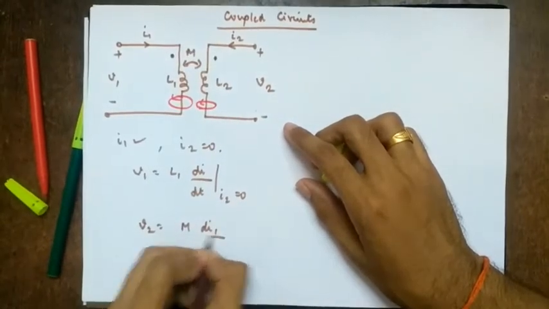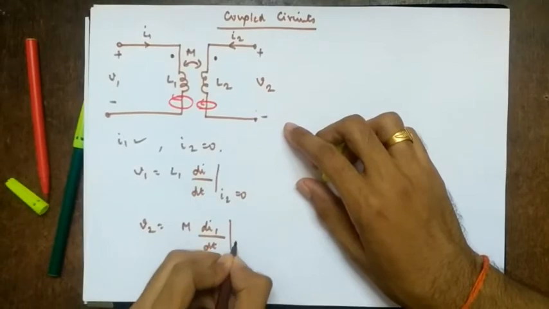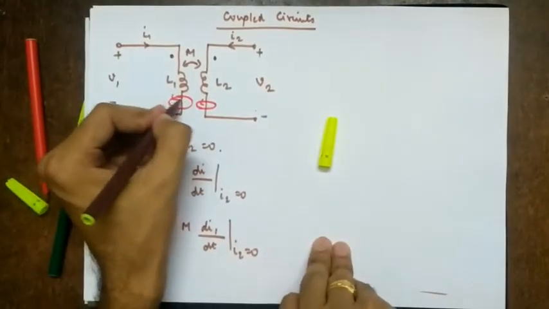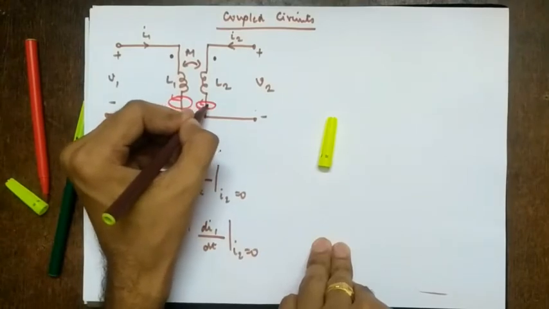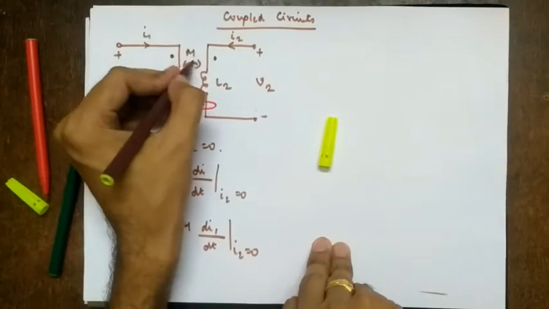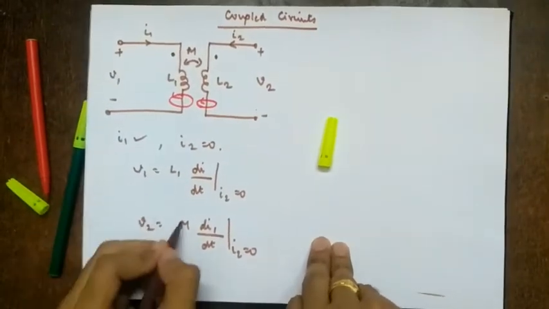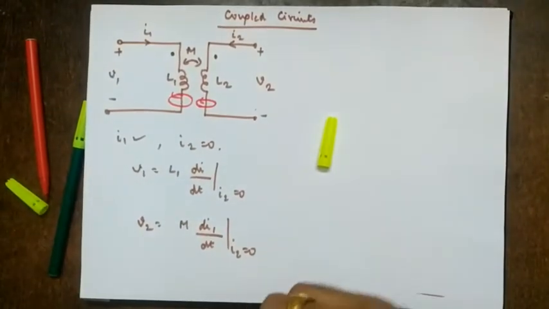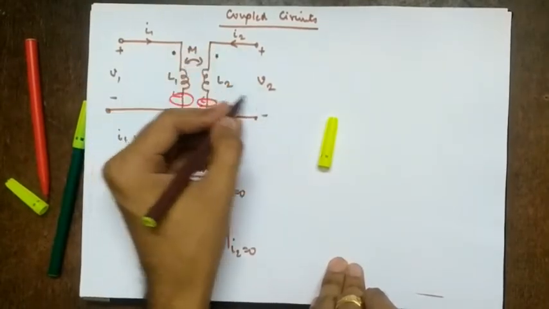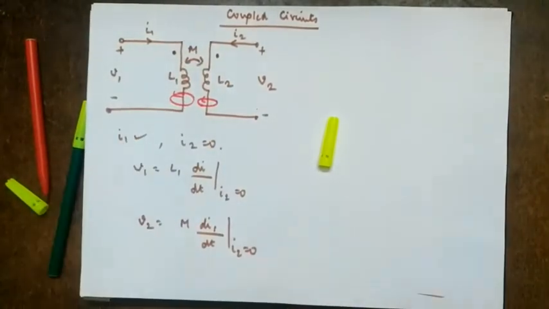Why is it I1? Because this flux is getting linked with this inductor, and this flux is due to the current I1. That's why this is I1, and this is the mutual inductance which will be given in the question. So that is why this is M and not L2 or L1. L2 will be when current I2 flows. Since current I2 is not there, there is no question of L2, right?